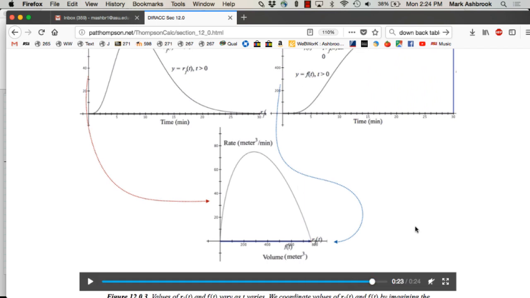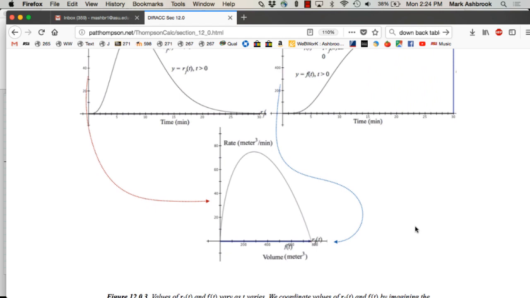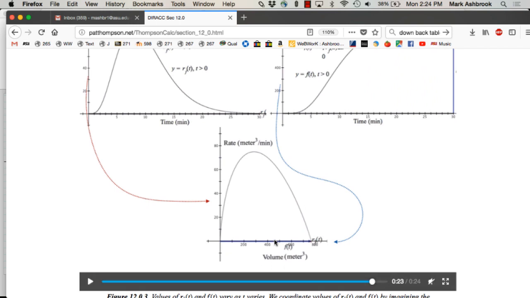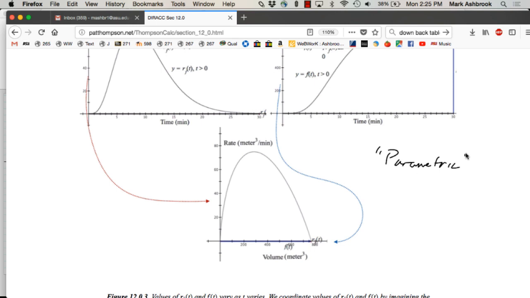And this is that relationship that we were after. The rate of change is now shown on the horizontal axis, and volume shown on the vertical axis. So this is the idea of a parametric function.